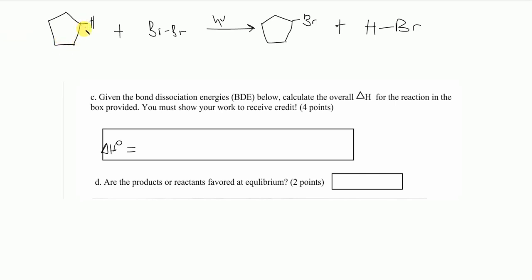I need to find the values of the bond between carbon and hydrogen when carbon is connected to two other carbons. Just a quick side step: when carbon is attached to two other carbons, this is called a secondary carbon. When carbon is attached to only one other carbon, this is called a primary carbon.